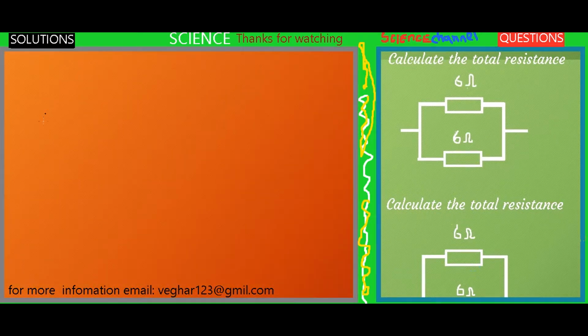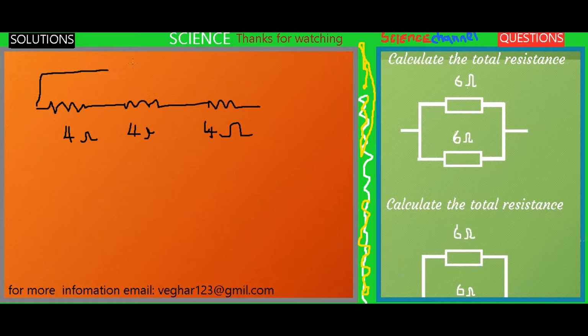Let's take for instance, let's say it's 4 ohms all the way. And then if you put them in series and in parallel, the total resistance, which have the same value, they are identical.